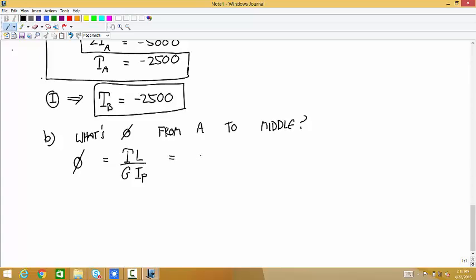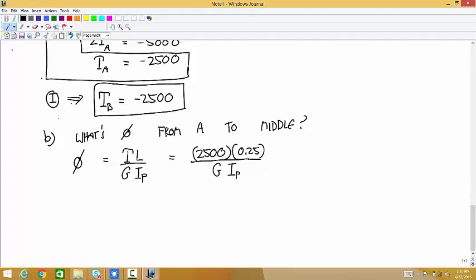So that's negative of negative 2,500, so positive 2,500 times L, and that L is half of the length of the beam, so 0.25, divided by G times IP.